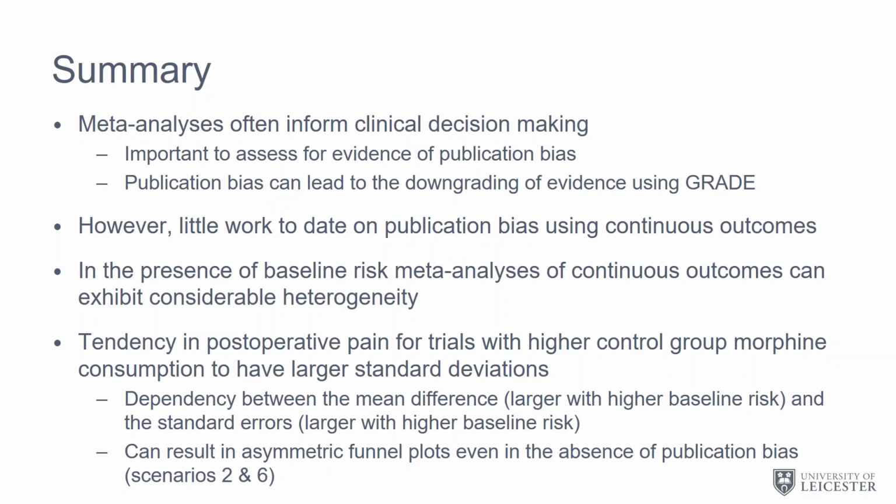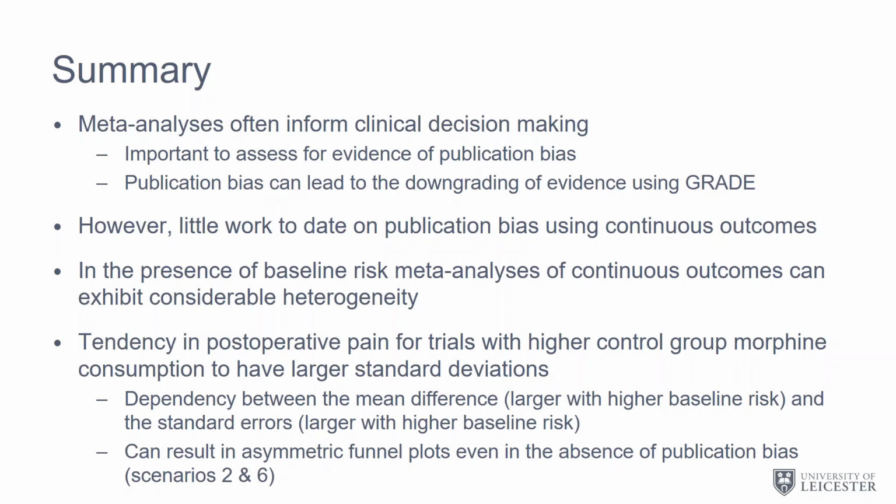And due to the fact that, in the presence of baseline risk, meta-analyses of continuous outcomes can exhibit considerable heterogeneity, it's also important that we take that baseline risk into account when we use our methods for identifying publication bias.